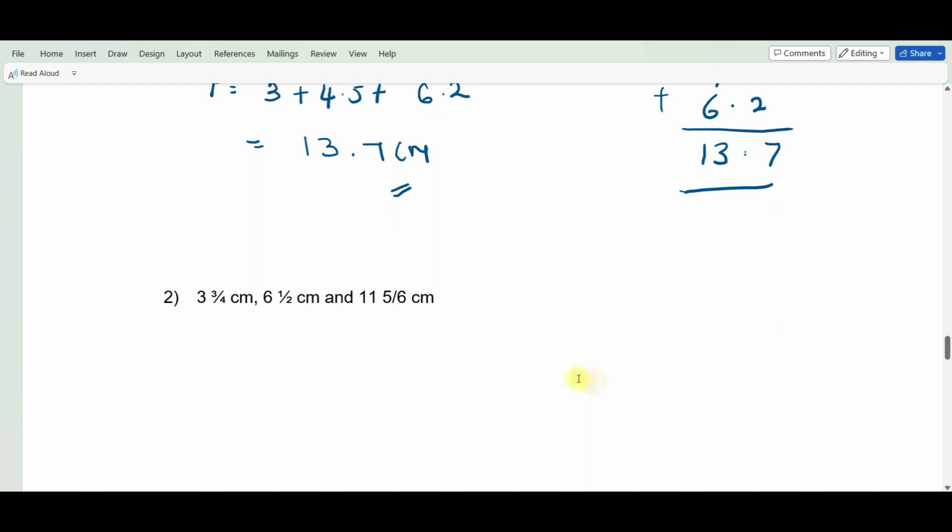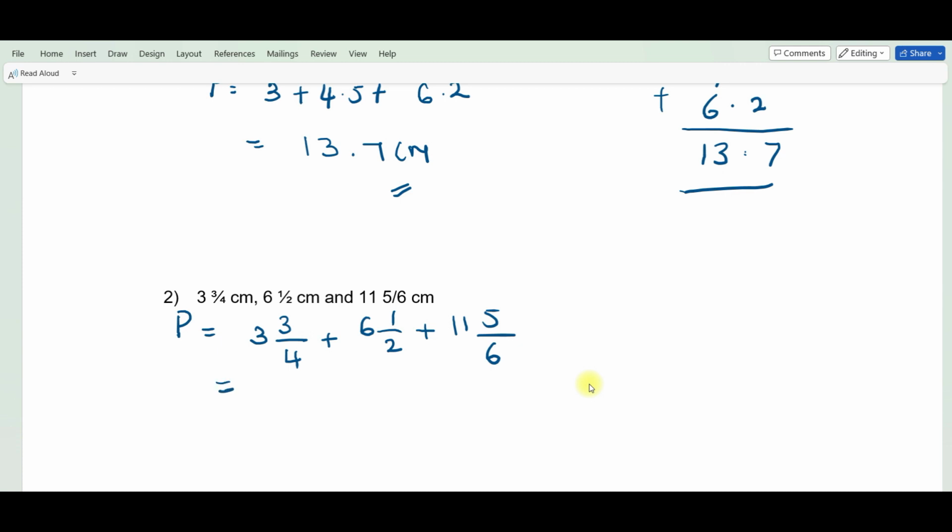So let us find the perimeter where you have a mixed fraction. How do we do that? We have to just add all of it. First we write the perimeter of a triangle is equal to 3 by 4 plus 6 1 by 2 plus 11 5 by 6. Now we need to convert these to improper fractions.